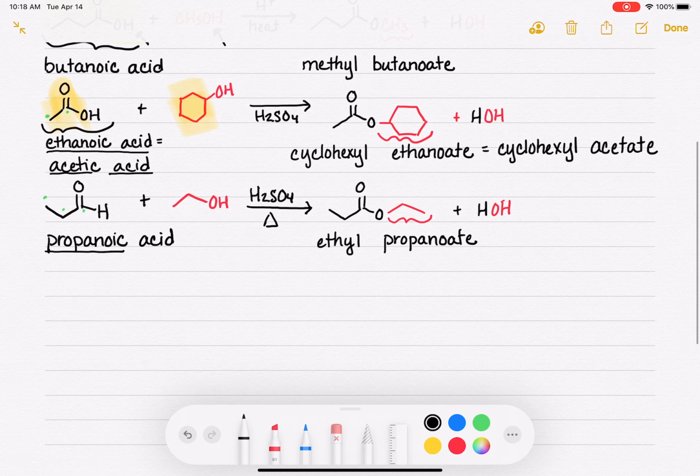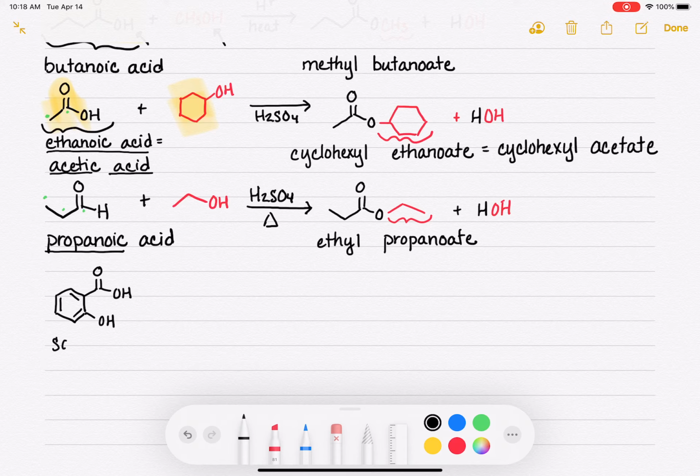And I have one more example that I'm going to show you, and this is actually a really tricky one. It's a big molecule, and this is one of the questions that you have on Sapling. So we are going to start with salicylic acid. It's a carboxylic acid that also has an alcohol group on it.